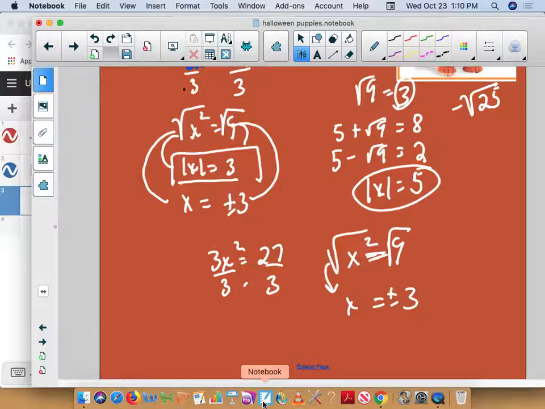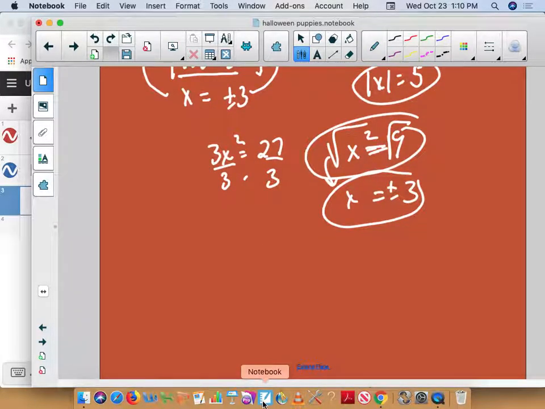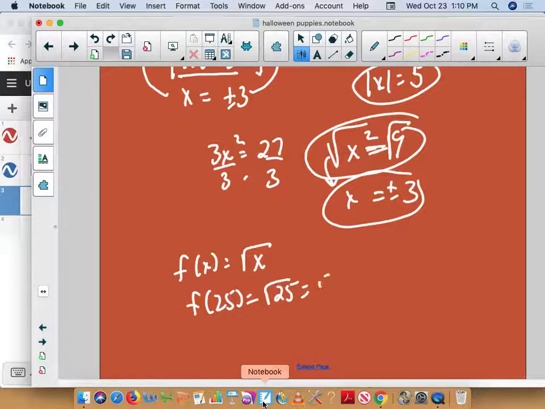Well, it wouldn't be that confusing, right? Because isn't it just you know that the x can be either positive or negative, so that's why it's a plus or minus. I'll tell you where it gets confusing. Once teachers write this down, and hopefully me telling you where it gets confusing will make it not confusing for you, then all of a sudden when someone really gets an answer like this, if I say f of x is equal to the square root of x, and I ask you for f of 25, square root of 25, and I just get 5.